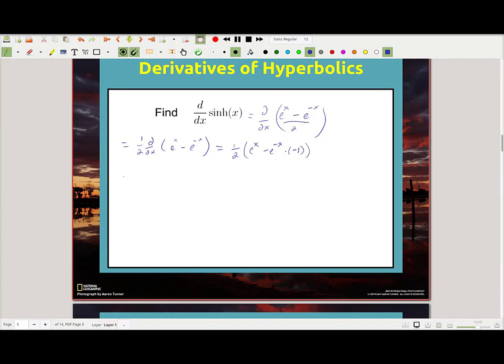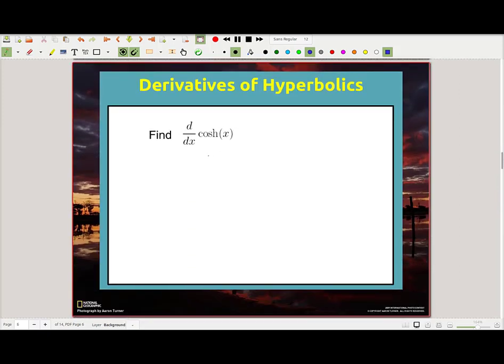Simplifying that, you get 1/2 times e to the x plus e to the negative x. Let me write this a different way, putting the 2 on the bottom, and notice what you have. That's just the definition of cosine hyperbolic, or cosh x. That shouldn't come as a surprise, because if you remember with trig functions, the derivative of sine was cosine, so now we have the derivative of sinh is cosh.